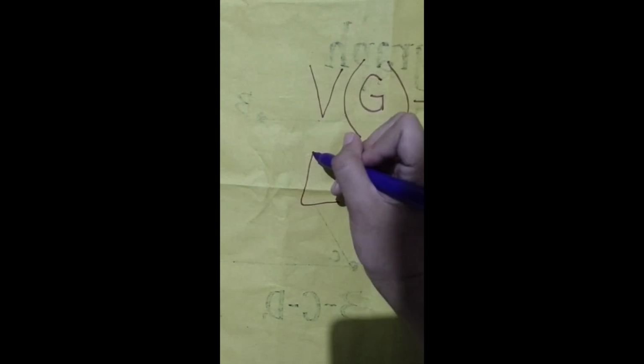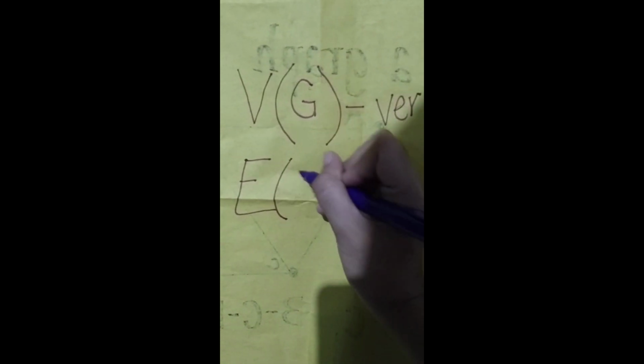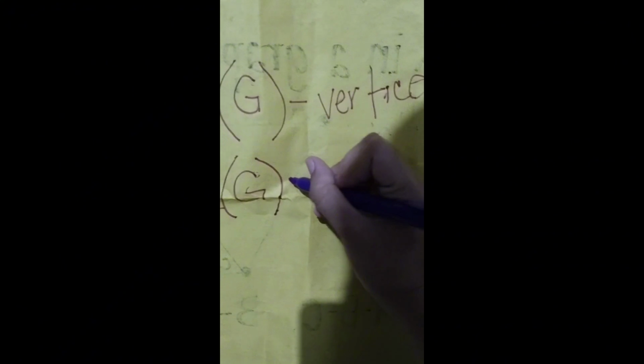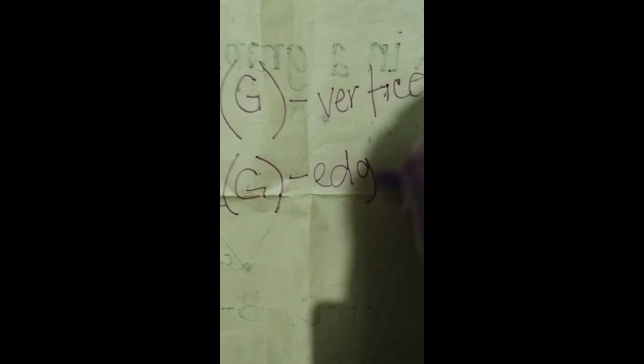The vertex set is denoted as V(G), and the edge set is denoted as E(G). This is for vertex or vertices. And for the edge, it is denoted by E(G), and this is the edge or the edges.